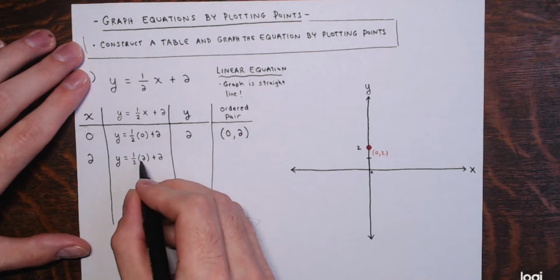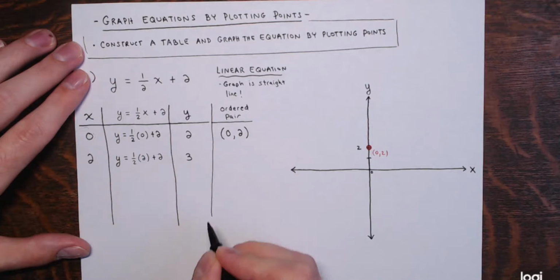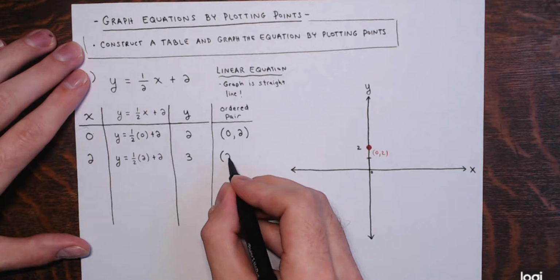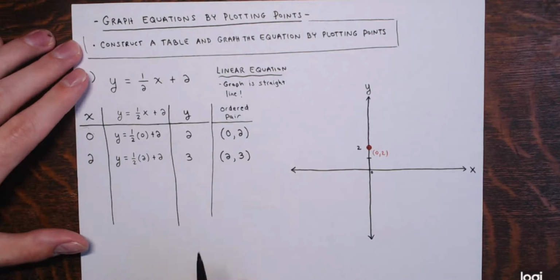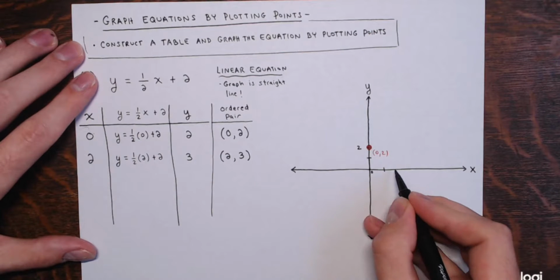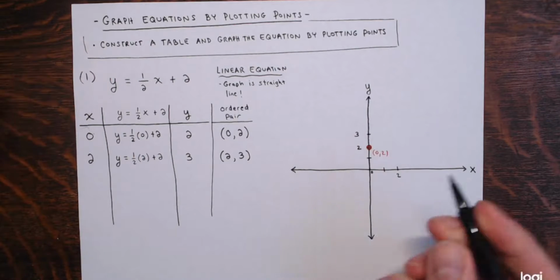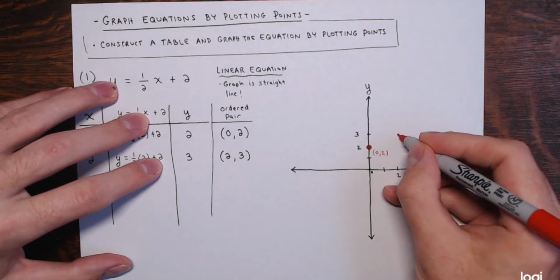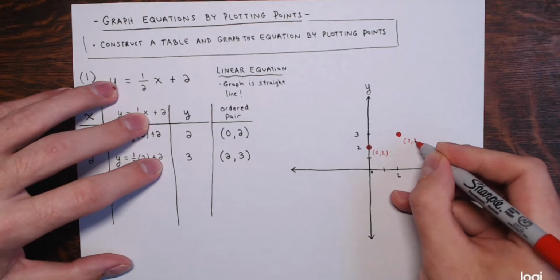Well, half of 2 is 1. 1 plus 2 is 3. So the ordered pair has x value 2, comma, y value 3. Let me plot that. So I go to 2 on the x-axis, 3 on the y-axis, and the point that's in line with both of those is this point here. 2, 3.